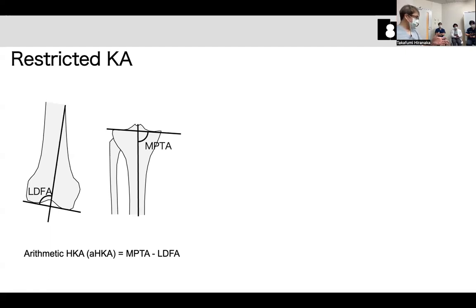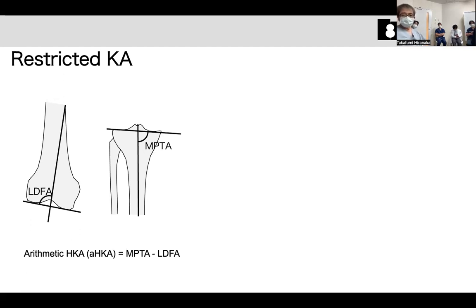Before the osteoarthritis, in a normal, healthy knee, the femur and the tibia articular surfaces were parallel to each other, with intact cartilage on both condyles.